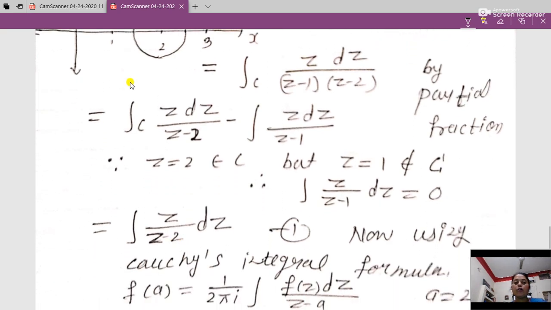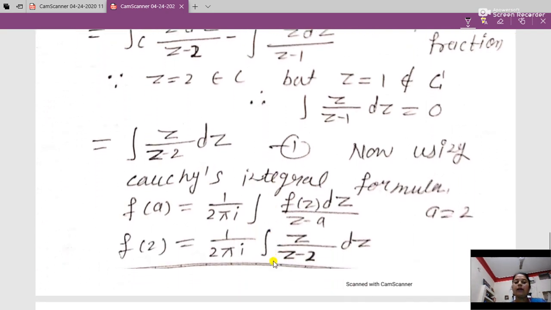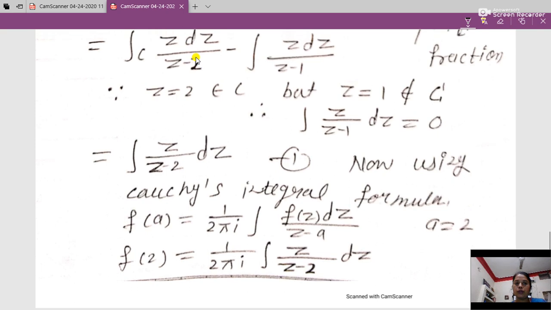Since 2 belongs to the circle, we have to use Cauchy's integral formula. And the formula is f of a is equal to 1 upon 2 pi i times the integral of f(z) dz upon z minus a. And in this question, you can see a is equal to 2 and f(z) is equal to z.